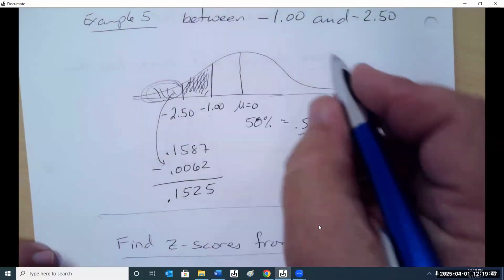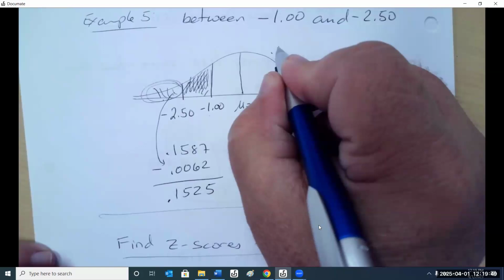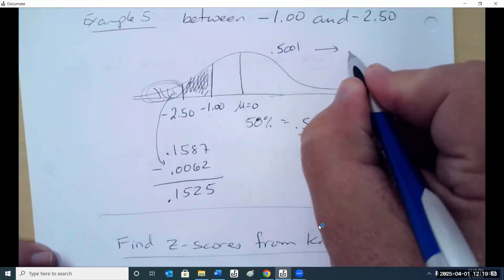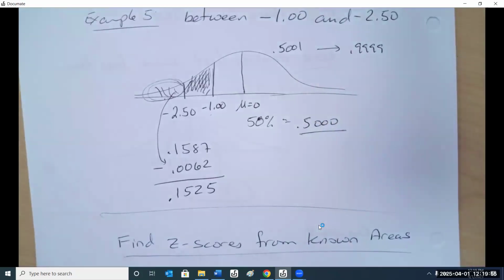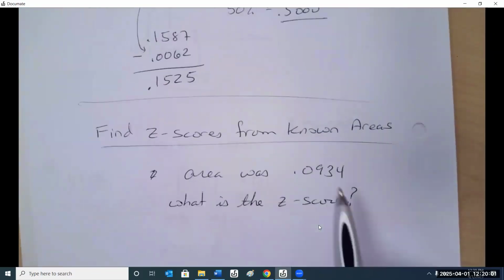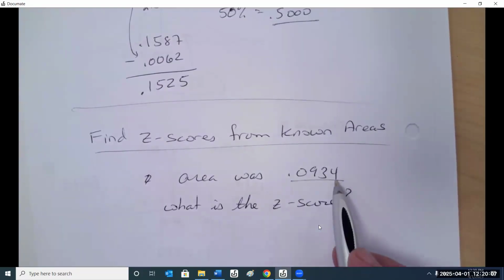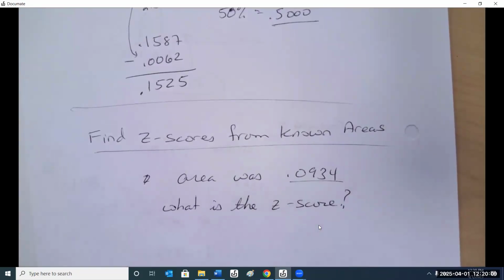Anything to the right has to be from 0.5001 all the way to 0.9999. So this number here is pretty small. What side of the mean is it on? It's on the left side. So since it's on the left side, we have to look at the negative chart.